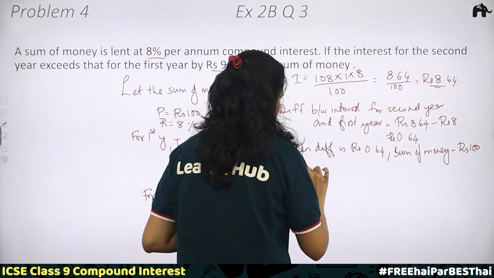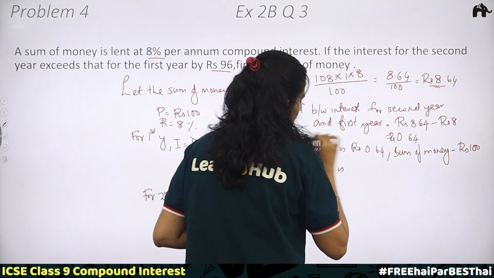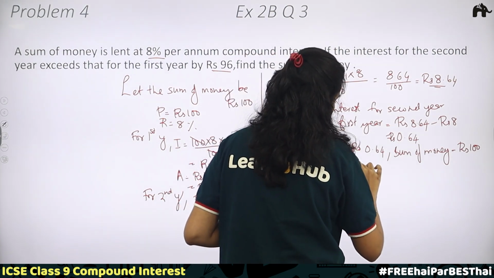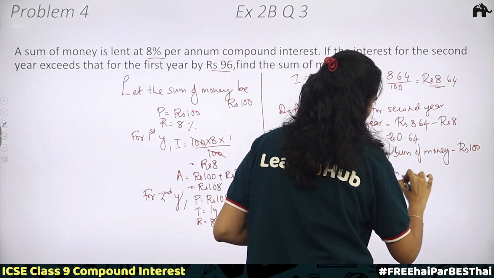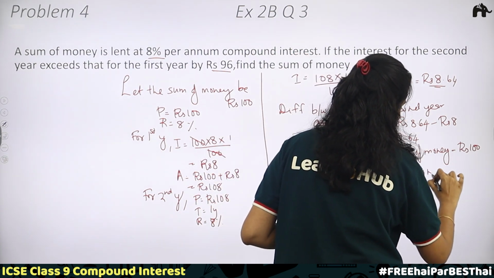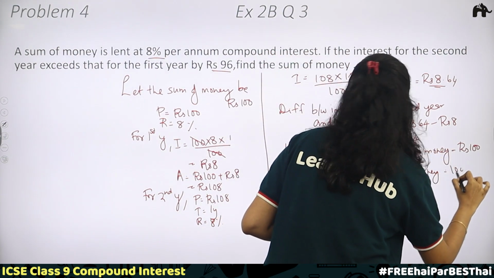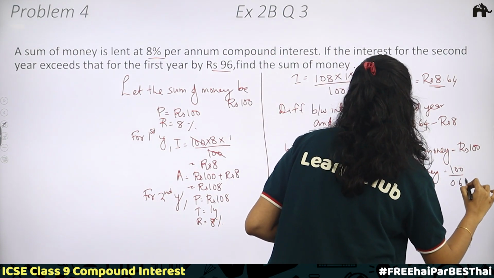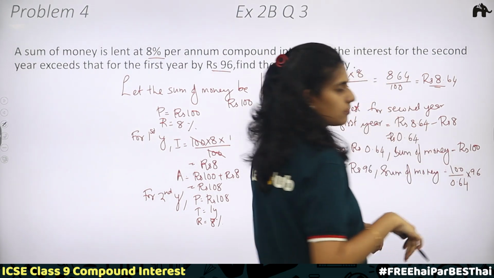When difference is rupees 96, then what will be the sum of money? Sum of money will be equal to, how much do we get? 100 divided by 0.64 into 96.